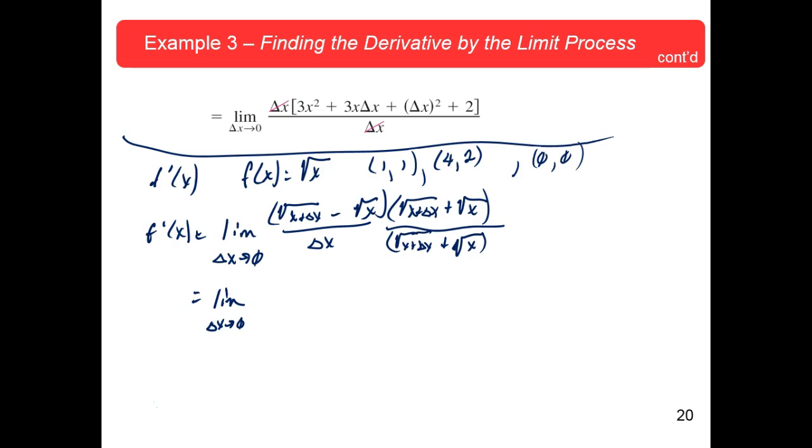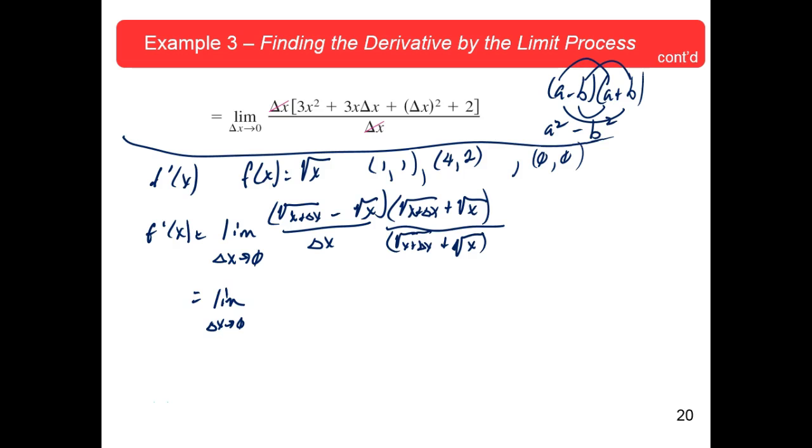A times a is a squared. These two cancel out, and then you get a squared minus b squared. Yes, you remember that, didn't you?